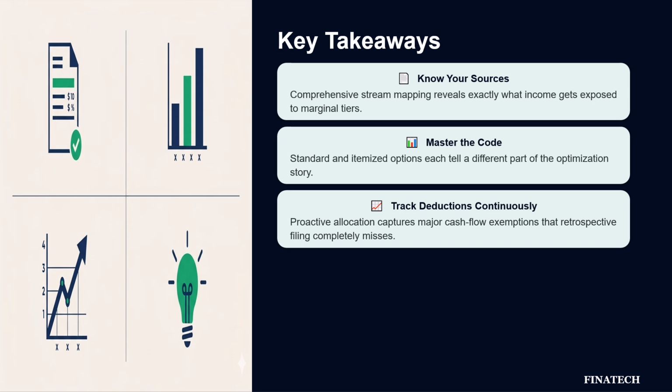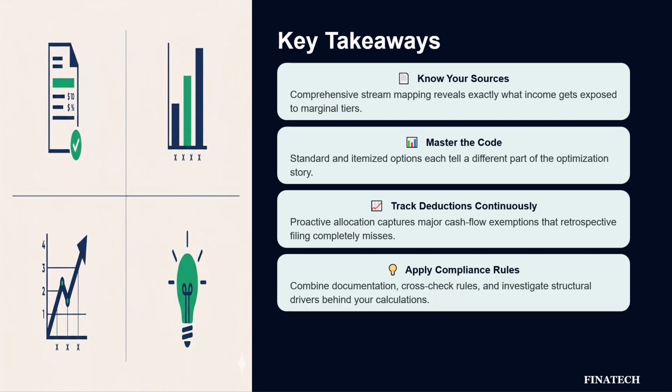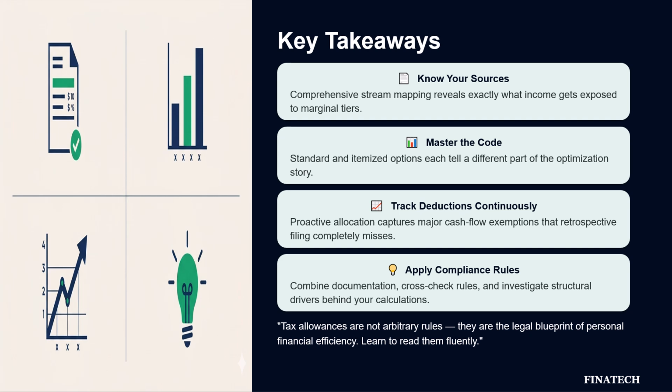Proactive allocation captures major cash flow exceptions that retrospective filing completely misses. Apply compliance rules. Combine documentation, cross-check rules, and investigate the structural drivers behind your calculations. Tax allowances are not arbitrary rules. They are the legal blueprint of personal financial efficiency. Learn to read them fluently.